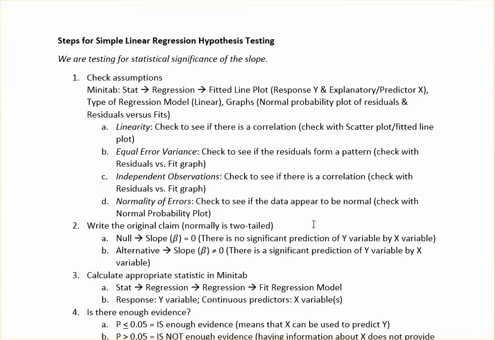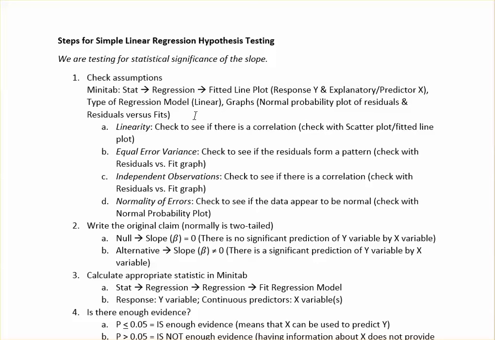So, steps for the simple linear regression. First of all, we are testing for statistical significance of the slope. The first thing you need to do is check the assumptions. In Minitab, you would go to Stat, Regression, Fitted Line Plot, where your response is y and explanatory predictor is x. Then you choose the linear regression model type, then under graphs, the normal probability plot of residuals and residuals versus fit.